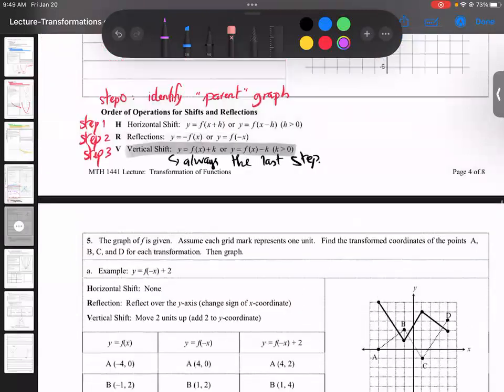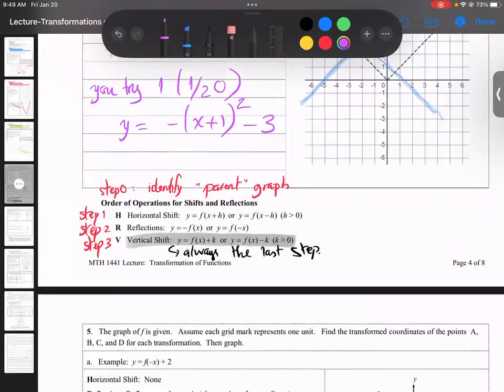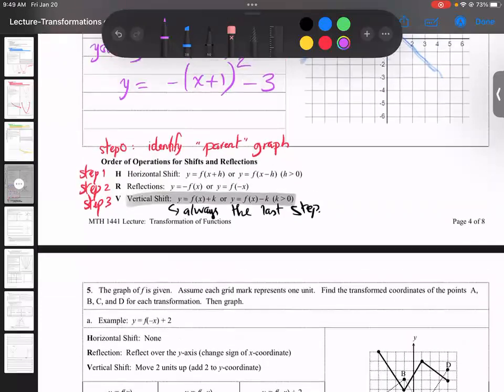If you're more skillful, you can take a picture. Sometimes you copy it down, you forgot a square, you forgot a negative in front of the function, stuff like that. For number 5, it's a little bit more abstract.